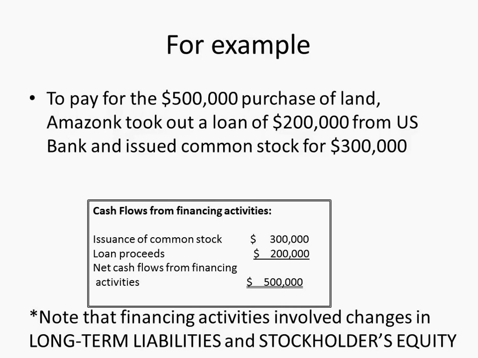Investing and financing, yeah. If I'm looking at whether or not this company is able to continue to exist as a profitable business, you're looking really more at the operating section. Okay, so depending upon what you want to know will impact which section of the statement of cash flows you're more interested in looking at. Okay.